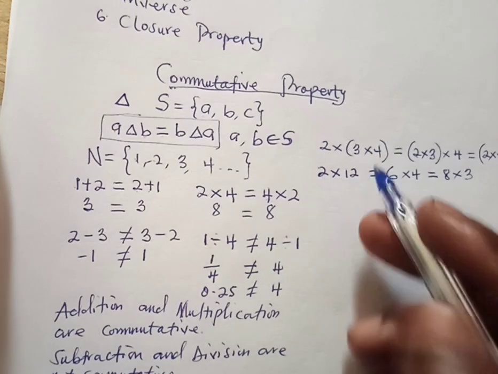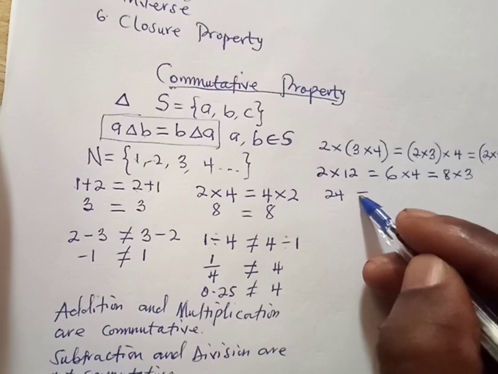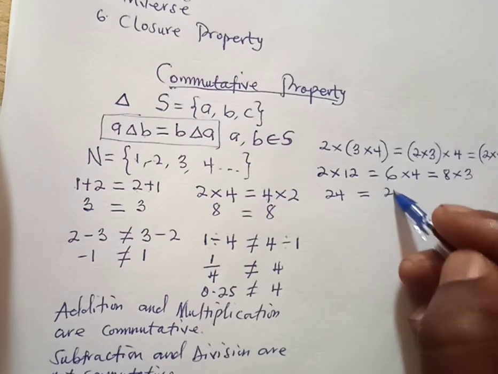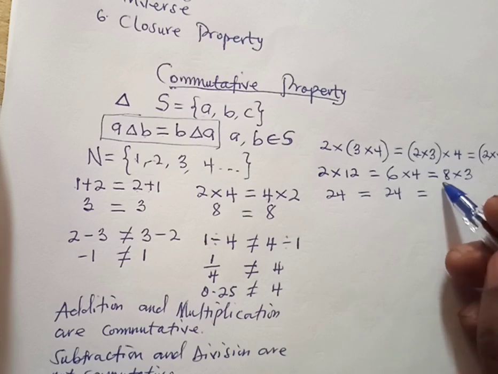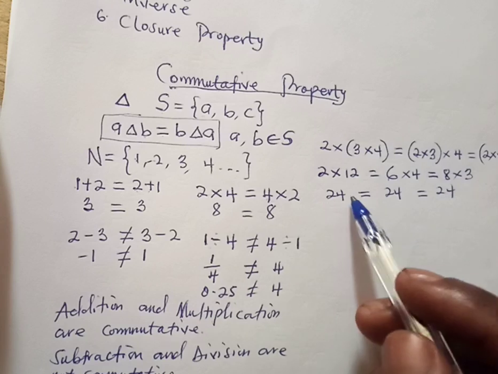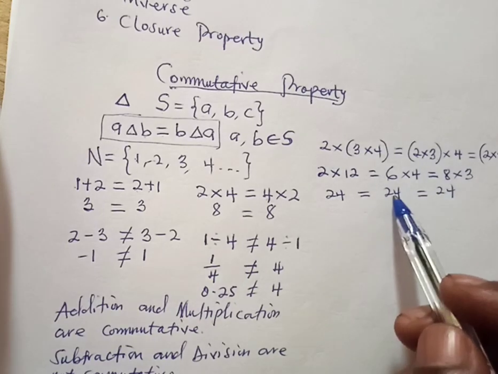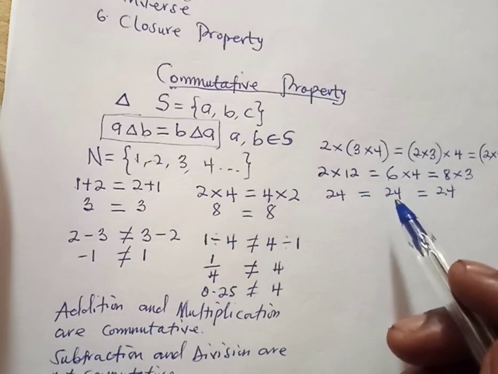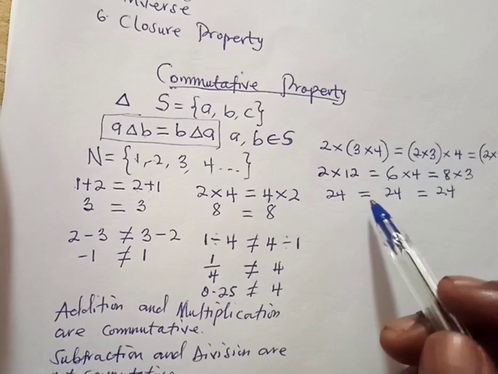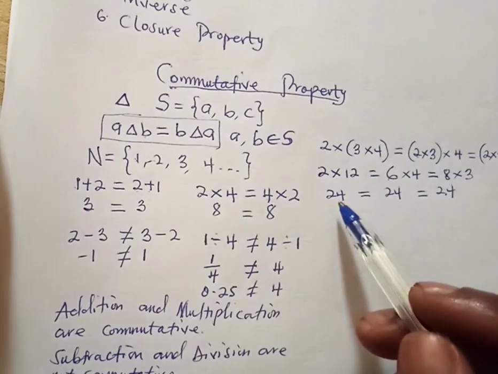Now let's multiply this. 2 times 12 gives me 24, which is equal to 6 times 4 also gives me 24, which is equal to 8 times 3 also gives me 24. Now, is this true? Yes, it is true. So since this is true, we can also say that multiplication of real numbers is associative.